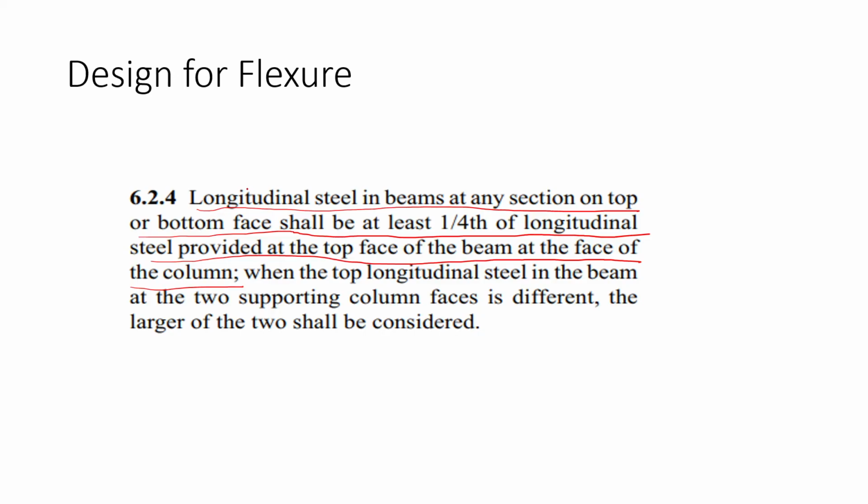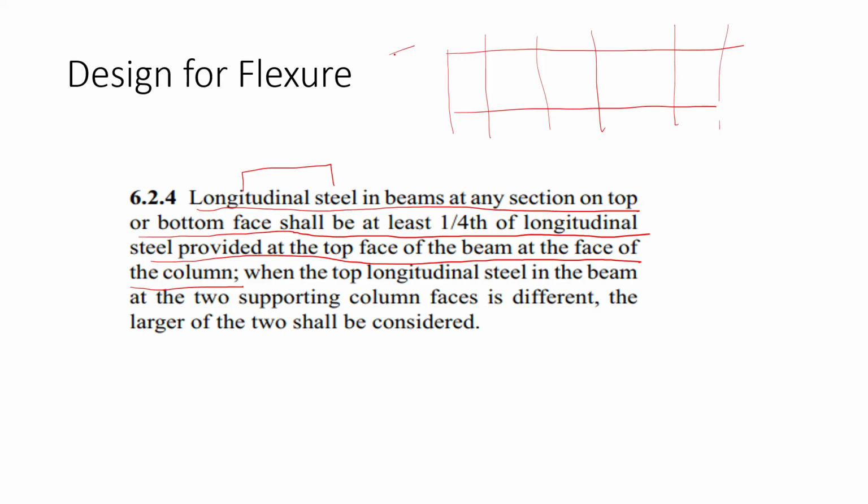Longitudinal steel means horizontal steel of the beam, at any section, on top or bottom face, shall be at least one fourth of the longitudinal steel provided at the top face of the beam.